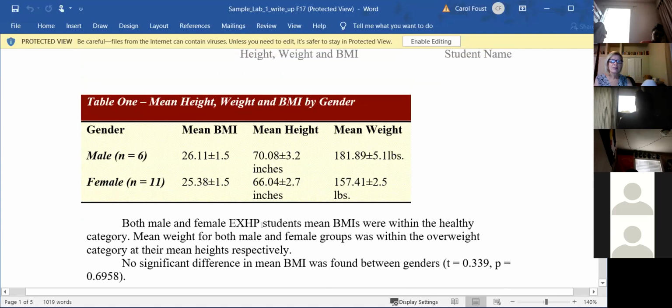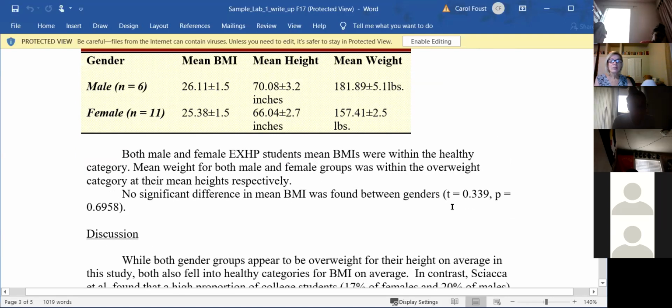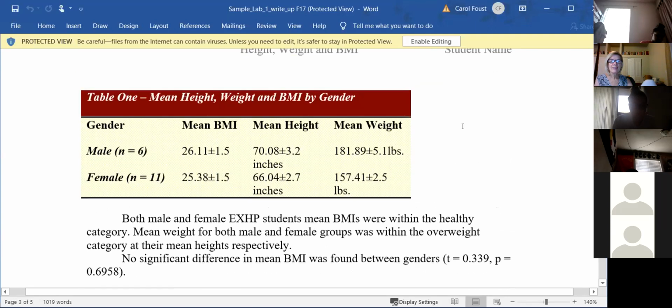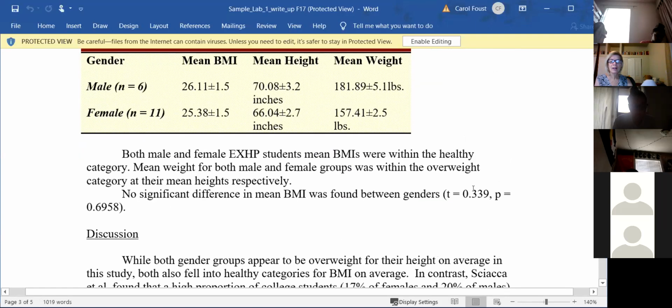You can put in tables. It's nice to have a little table that shows your descriptive statistics with the errors on them. If you wanted to extend this and also put your inferential statistics in a table, you could do that, or you could just state that in text. But I have to see a Spearman R or an F ratio or a T value and probabilities.